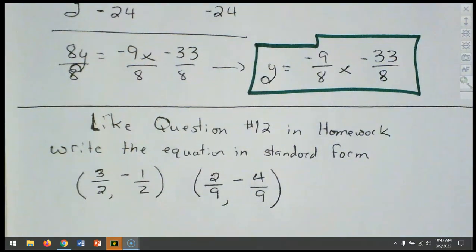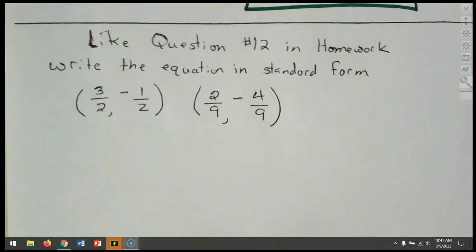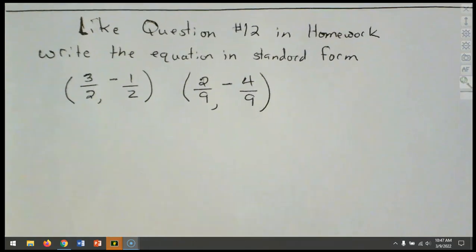Okay, so there's only one of these in your homework, and this is not something you would see on your exam. So you're not going to have anything that's difficult on your exam. I am giving it to you as a homework question.